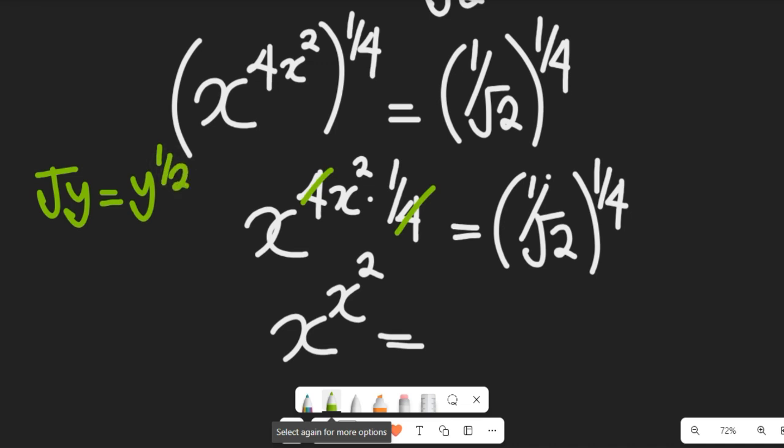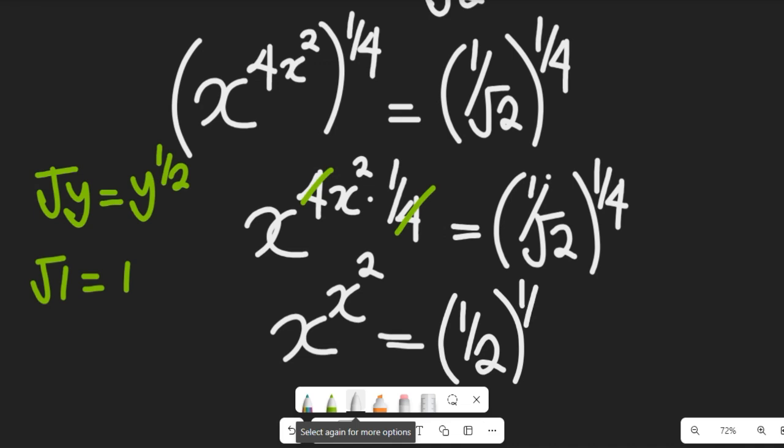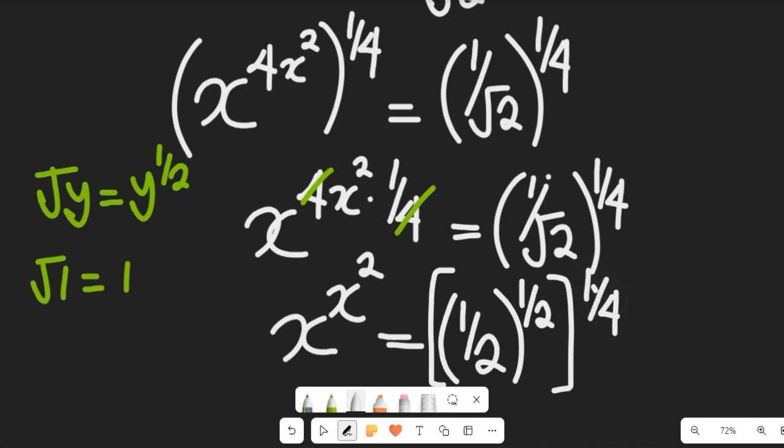Good. And the square root of 1 can still be equal to 1, so it doesn't change anything. So from that expression, I can have 1 divided by 2 multiplied by 1 half, right? And all these will be multiplied by 1 divided by 4.